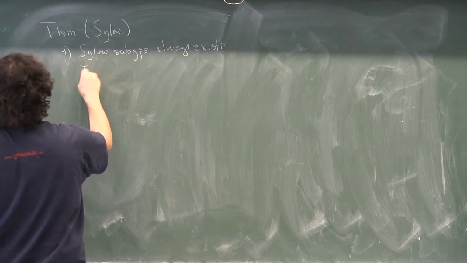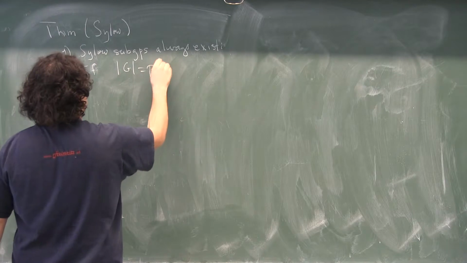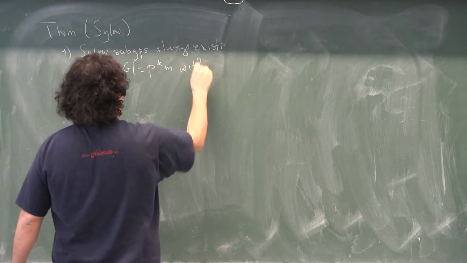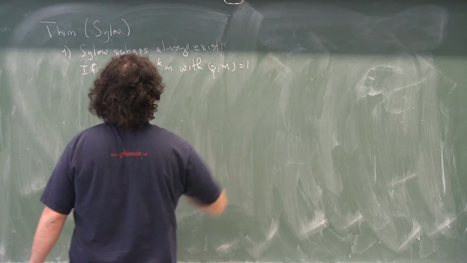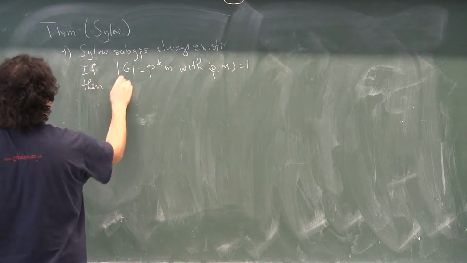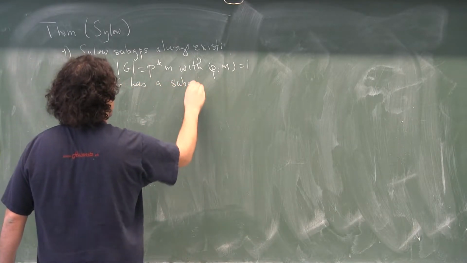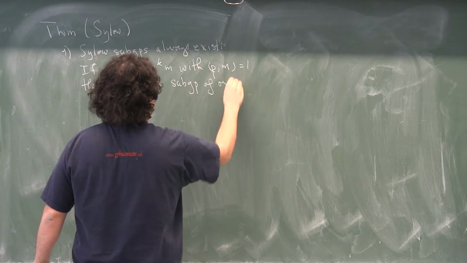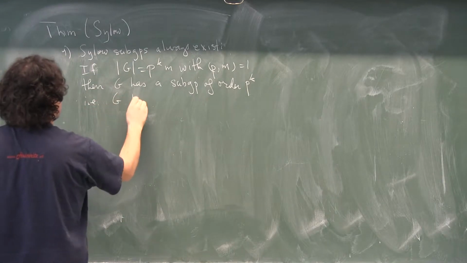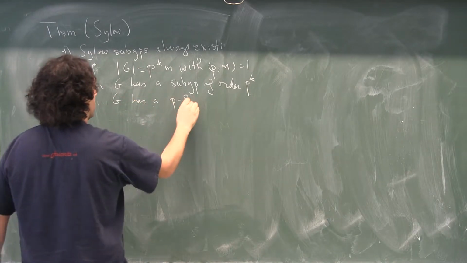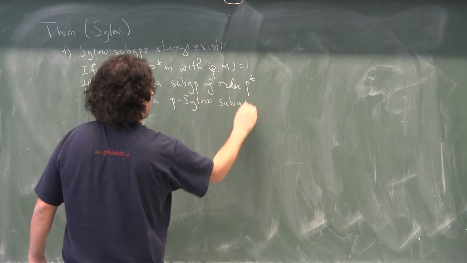So if the order of G is P to the K times M with P relatively prime to M, then G has a subgroup of order P to the K, i.e. G has a P Sylow subgroup.